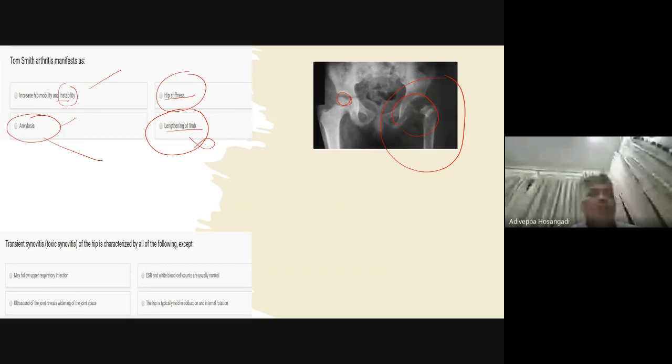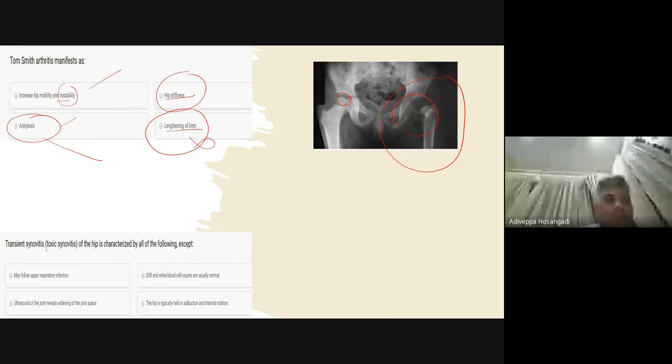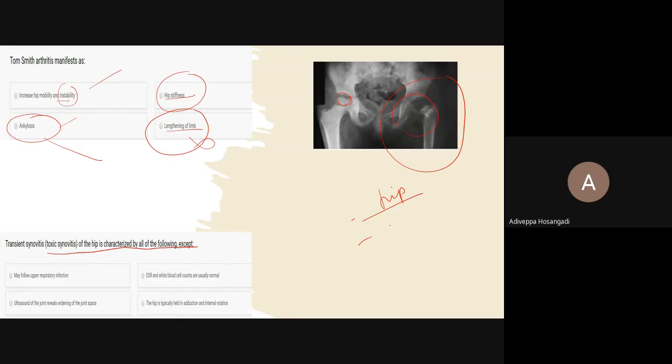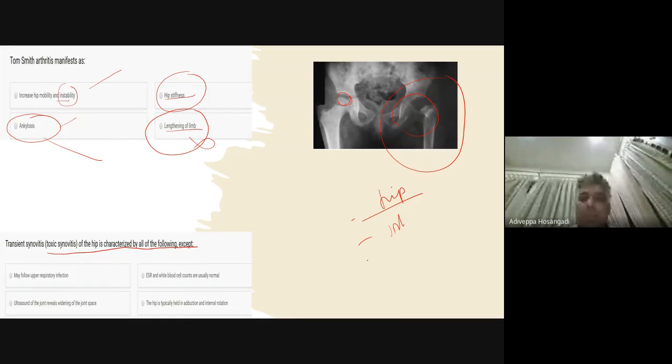Transient synovitis of the hip is characterized by all except. Transient synovitis is one entity in orthopedics most commonly affecting the hip joint, and it is generally diagnosed in retrospect. The patient comes with hip pain, is treated symptomatically, with no antibiotics, just rest and analgesics.